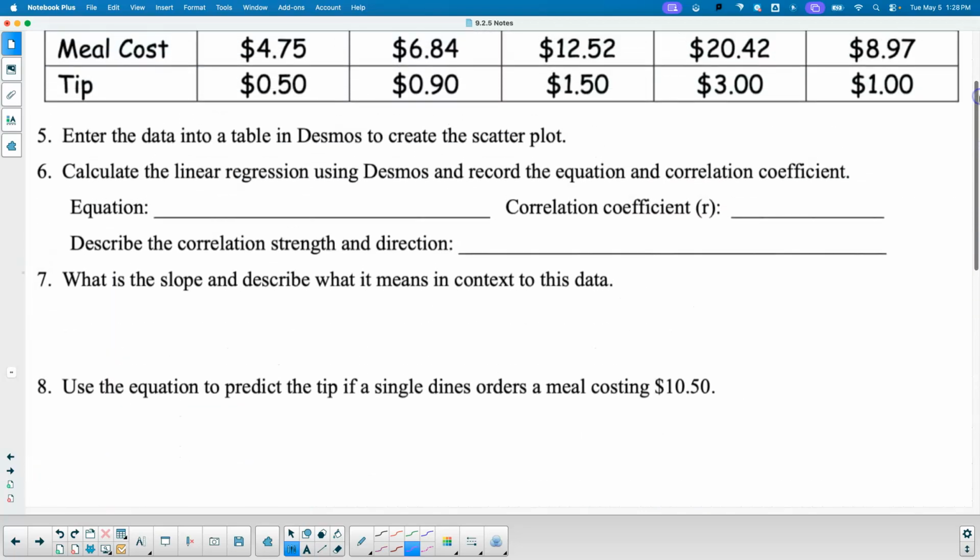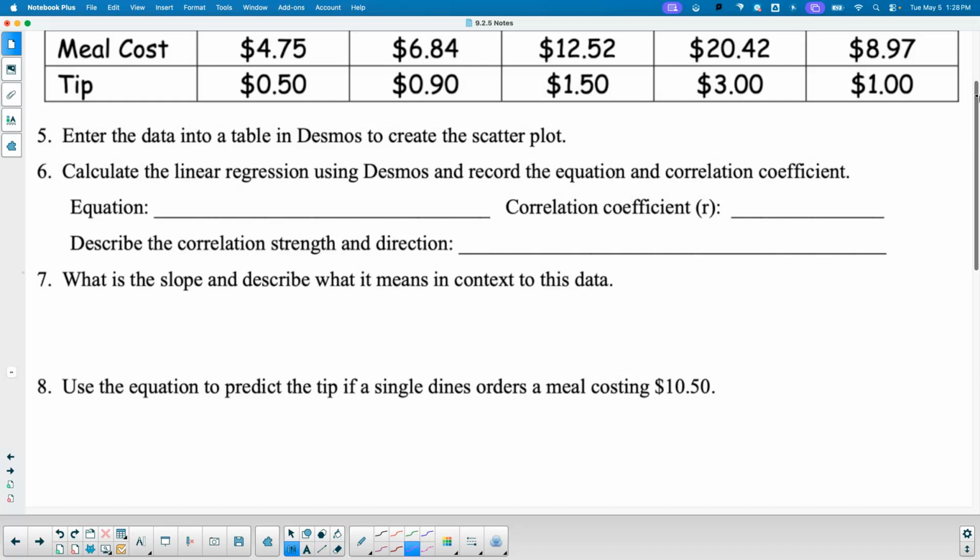Describe the correlation strength and direction. Strong positive, right? Really strong positive. Yep. Okay. What is the slope, and describe what it means in this context? What is the slope of this line? You guys have seen slope 1,000 times.